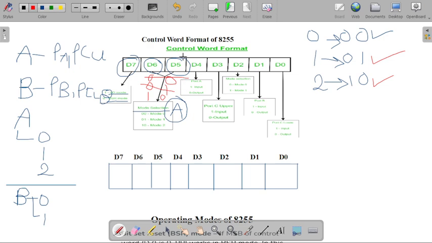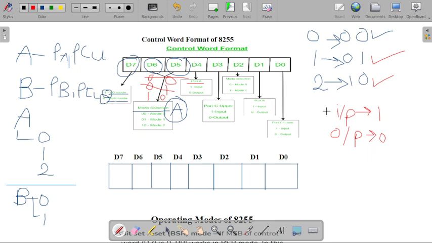After the D5 bit, there is the D4 bit that is used for port A selection. Whenever we select port A in input mode, we always use 1, and whenever we select this port in output mode, we write 0.